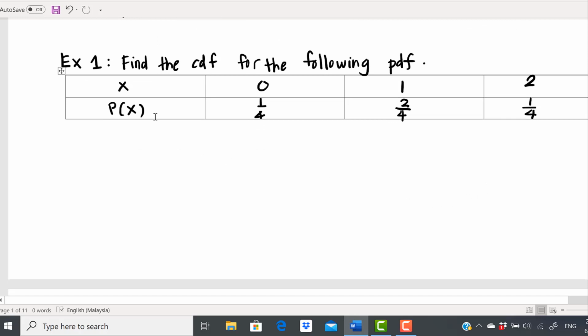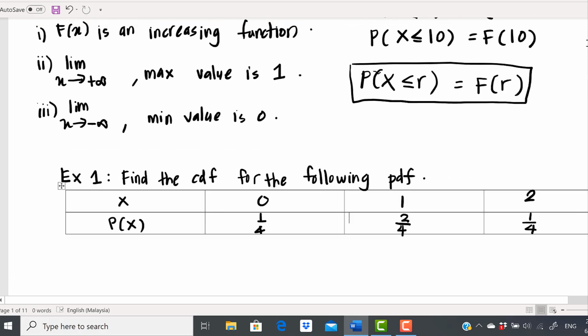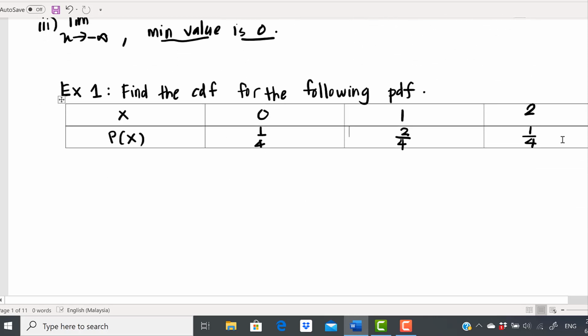Okay. Now, from this table, we are going to get the CDF. The second property is that the maximum value is 1 and the minimum value is 0. Now, by looking at this PDF, what is the maximum value?